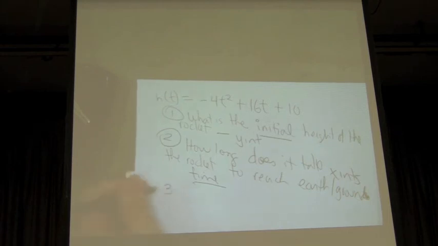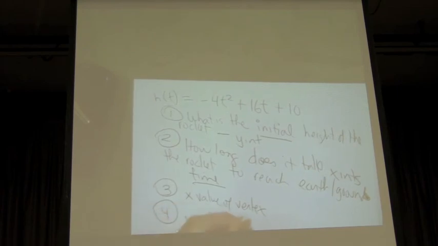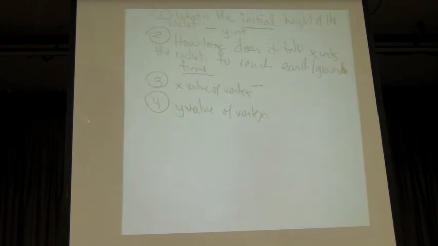Now, what are the two questions that would be the x value of the vertex and the y value of the vertex? What would the question be about the x value of the vertex?